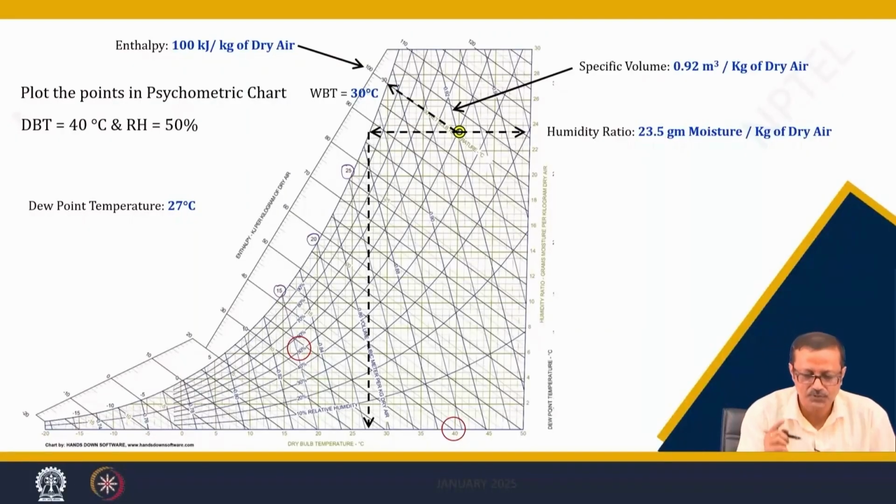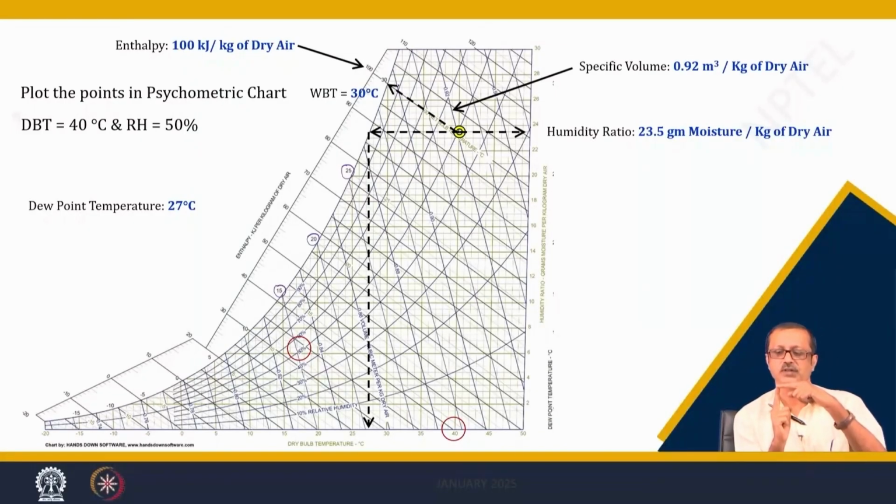So, by virtue of two given data, I first find out one point in the psychometric chart. I will give a psychometric chart in our forum. So, you can take the print and use that, or you can use that particular website, which can directly give you those kind of air properties based on two given data.